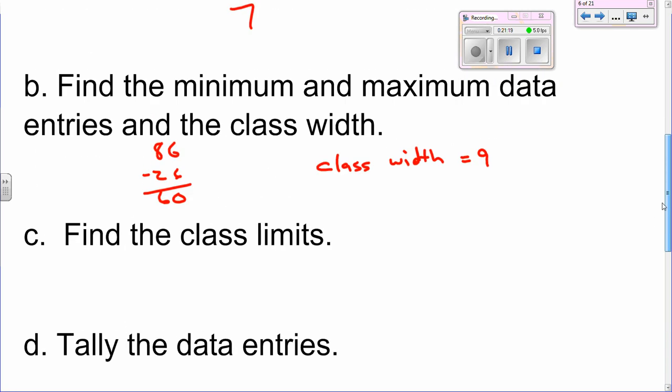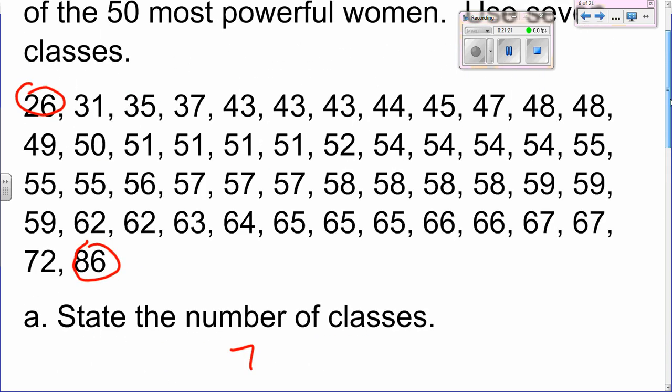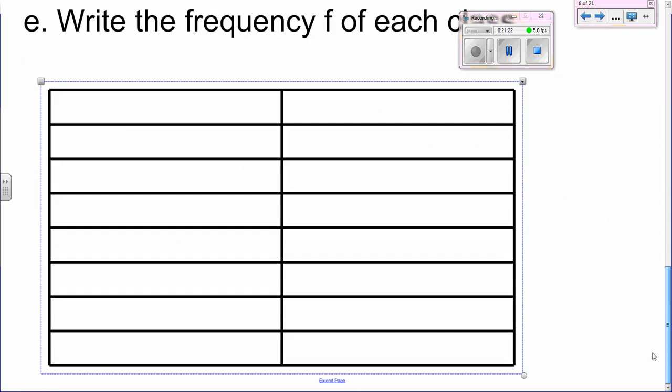Now when I'm doing my class limits, I'm just going to scroll down to the bottom and start my table. So there's classes and frequencies. And then my first one starts at 26, and then I'm going to go up by 9.